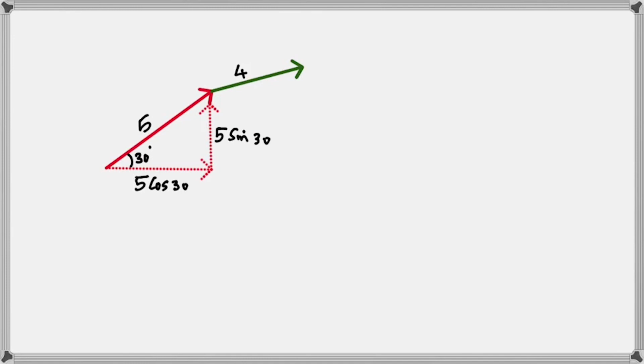That's what we do. And then do the same thing for the other one, the green one. So you break that into this. And that looks like a small angle, so let's call it 10 degrees. In which case, this would be 4 cosine 10, 4 sine 10.